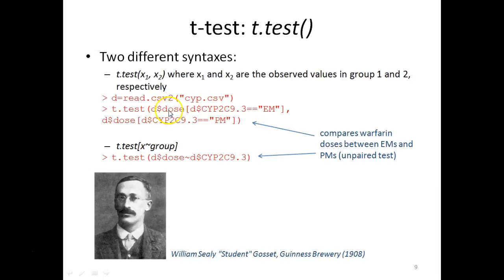So here I call for the doses and subscript this column using the genotype in the zip29.3 column, comma, the doses for the individuals with the PM genotype. And the alternative syntax would be to simply write t.test, D$dose, which is the doses, tilde, the zip29.3, which is the group.